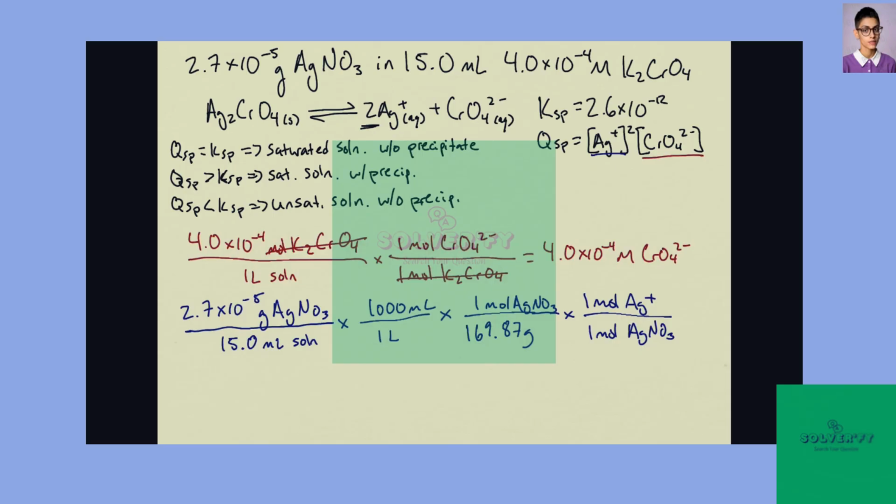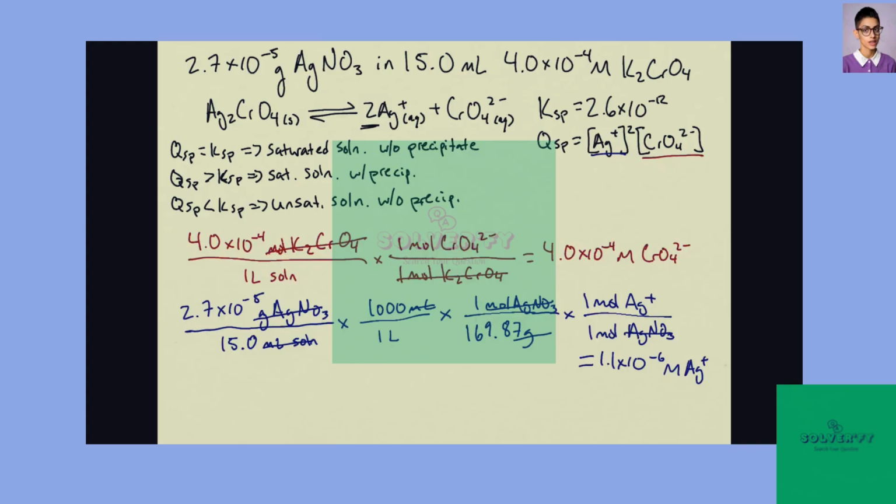Checking our units, our grams of AgNO3 cancel, our moles of AgNO3 cancel, and our milliliters of solution cancel, and we're left with moles of Ag+ over liters of solution, which is also equal to molarity of Ag+, which is what we're looking for. Doing the calculations, we get a concentration of 1.1 times 10 to the negative 6th molar.